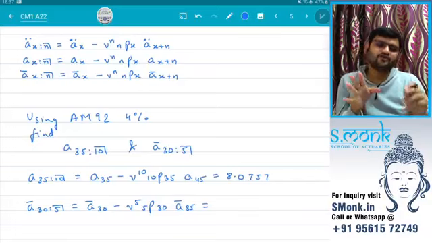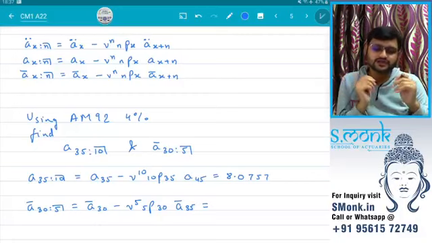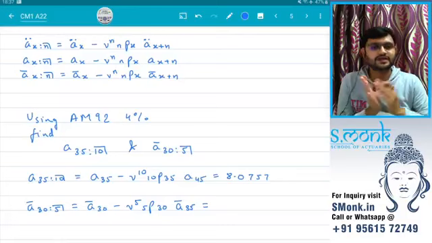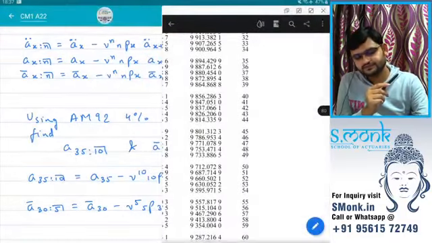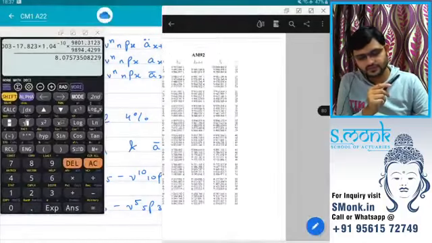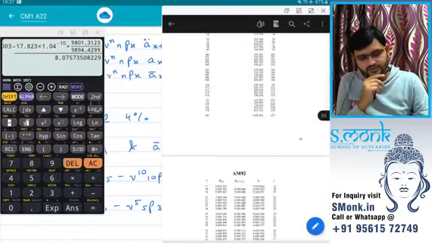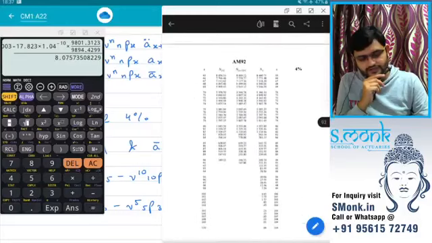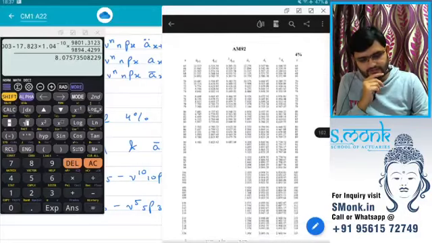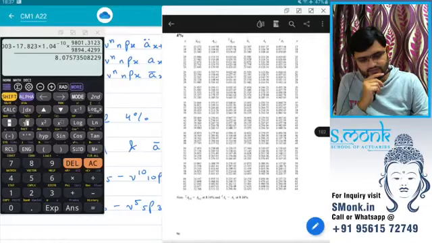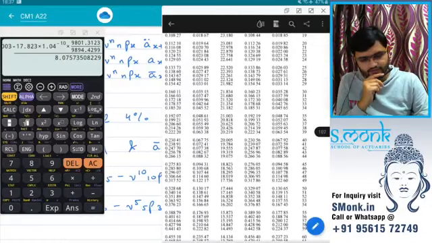Again, while writing the formula, I'll keep it like this. We know the relationship: A bar 30 will be A due 30 minus half. I will directly do it in the calculator. So I'll go again to the 4% table.